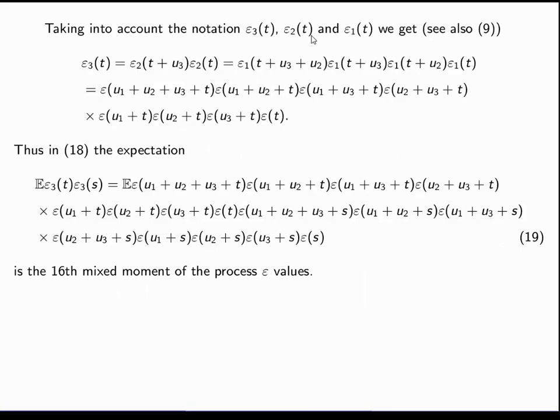Taking into account the previous notations, epsilon 3 of t, epsilon 2 of t, and epsilon 1 of t, we get such a relation for epsilon 3 of t, that is the product of 8 values of the process epsilon.